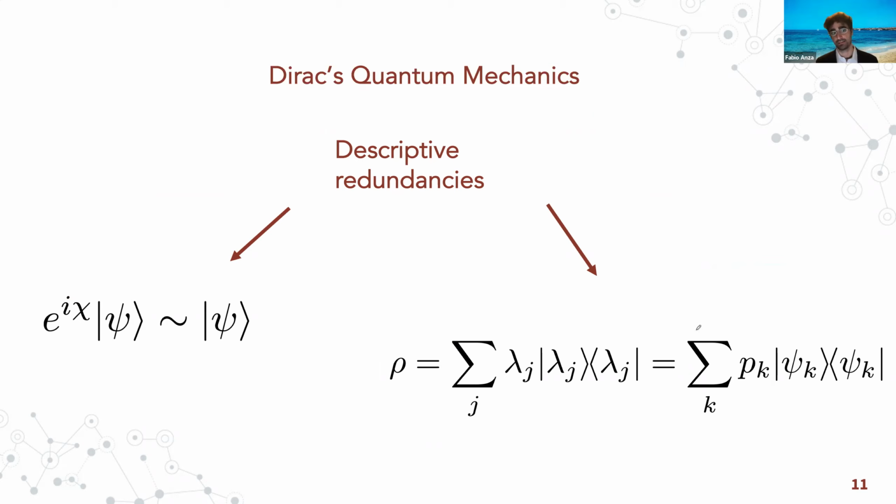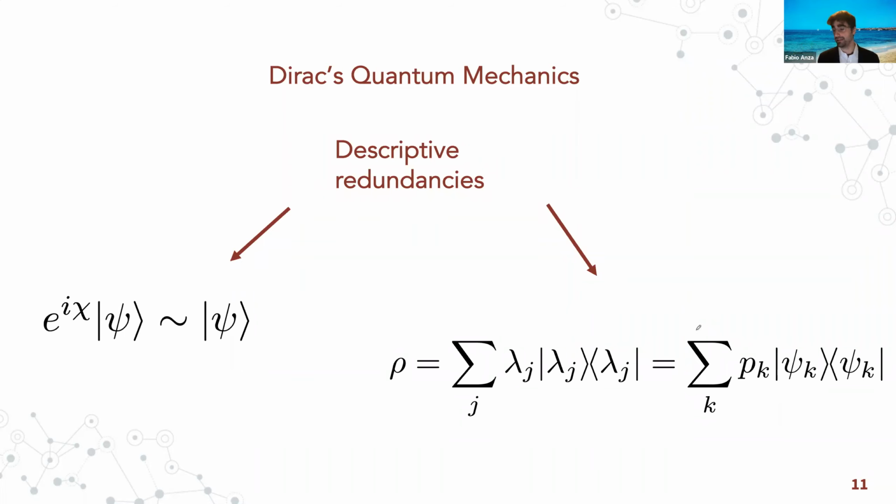And what I mean by that is that we know that state vectors that differ by an overall normalization or an overall phase are different mathematical vectors, but they're the same physical state. And a very similar situation happens within the density matrix formalism.